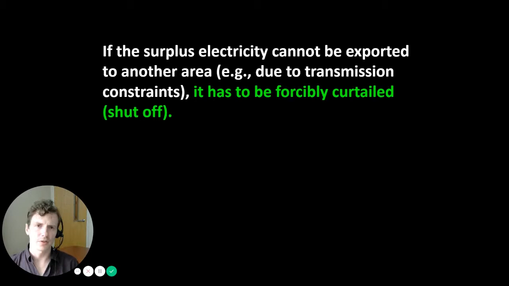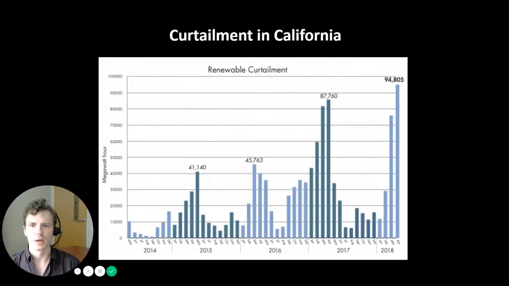So if surplus electricity cannot be exported to another area, for example, due to transmission constraints, then some generation has to be forcibly curtailed, and that can include variable renewable energy. And so what this figure shows is forcible curtailment of variable renewable energy in California through time.